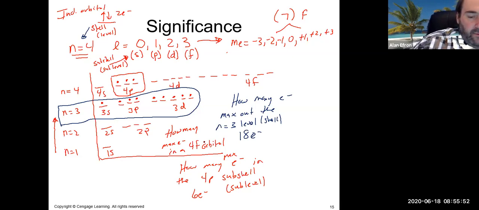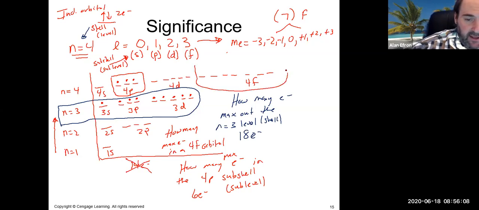When we come up with this 4f orbital, some people may go with the number 14 electrons, and that answer in this particular question would not be correct. It would be correct if you asked how many electrons are in the 4f subshell. That would be 14.